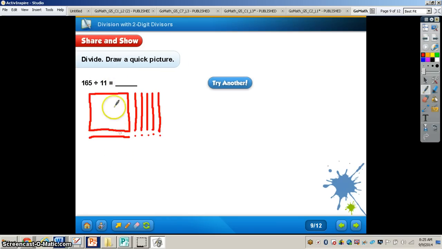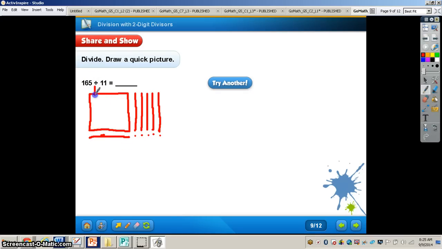Okay, now we have 165 divided by 11, and I want you to write in your book just what I have right here. All the base 10 blocks and so on equals 165. I ordered them. You can see that I needed groups of 11. So we know that this 100 represents 10 going down, and then adding another one across gives us 11.